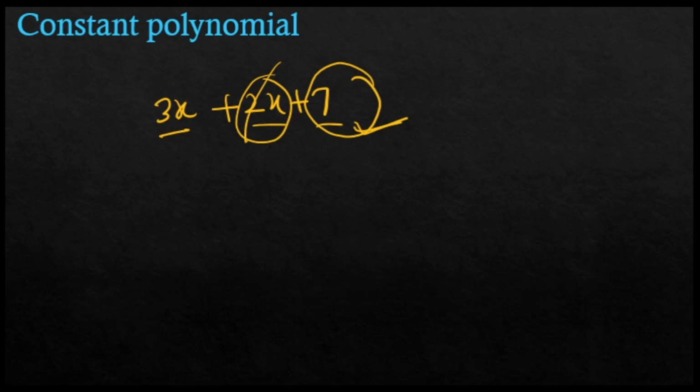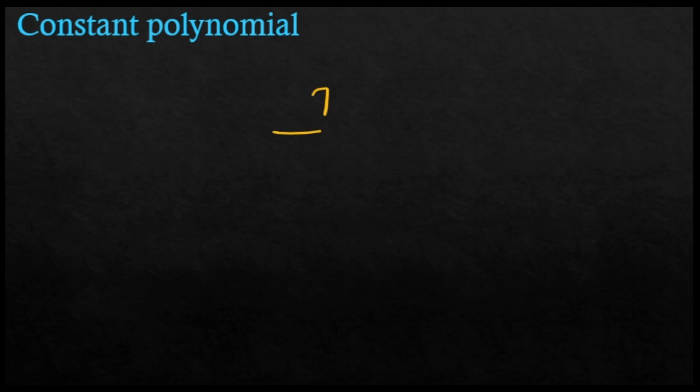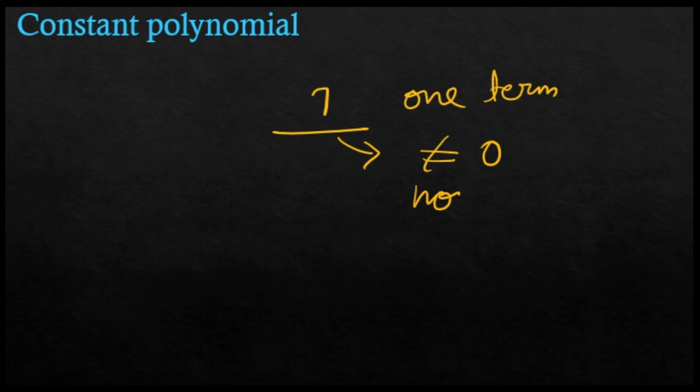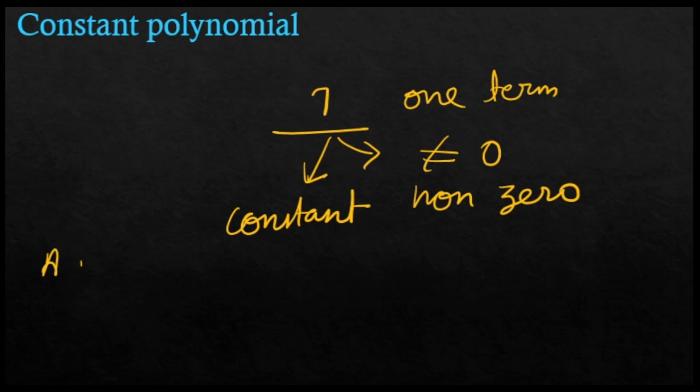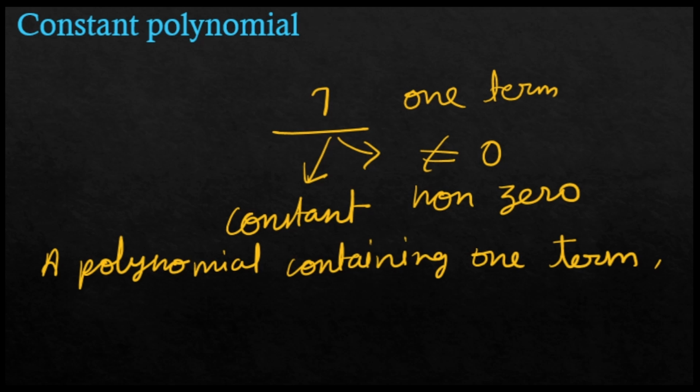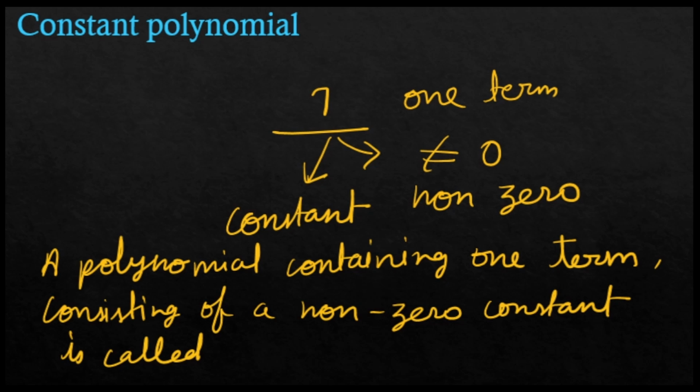This is only one term, it is non-zero, and it is a constant. So a polynomial containing one term consisting of a non-zero constant is called a constant polynomial.